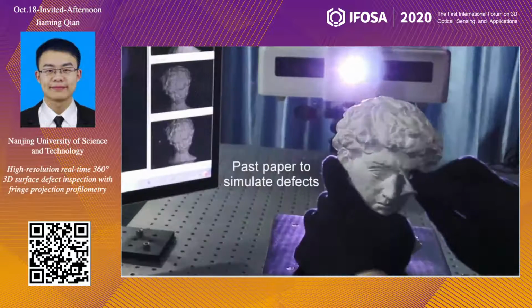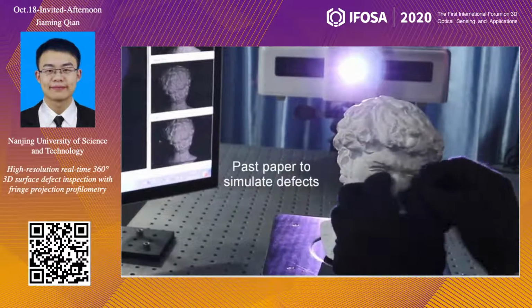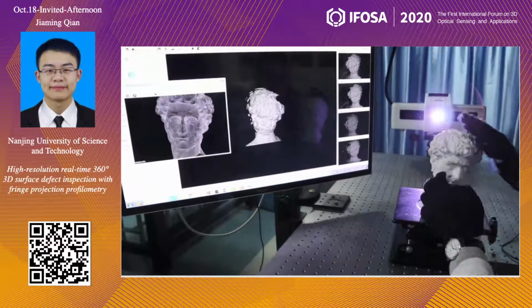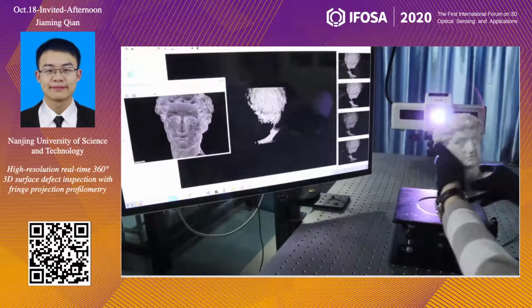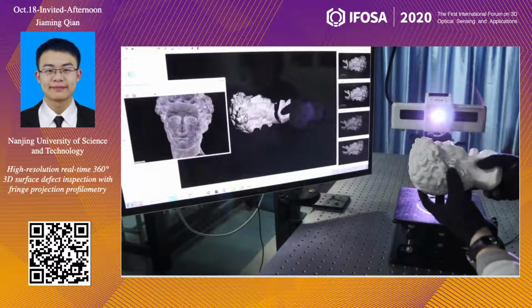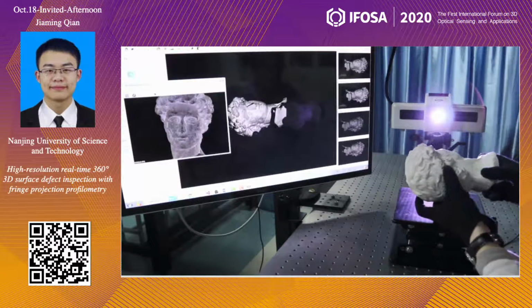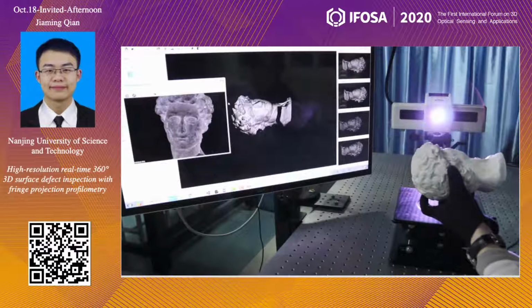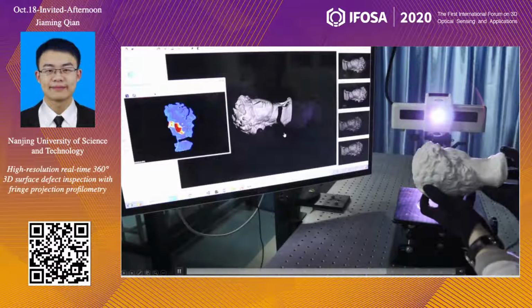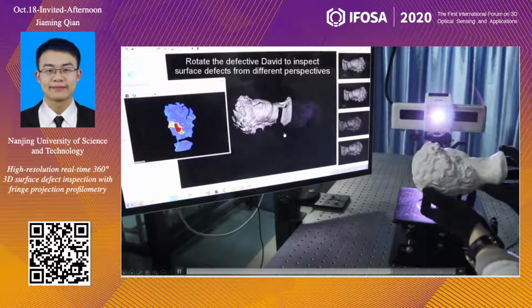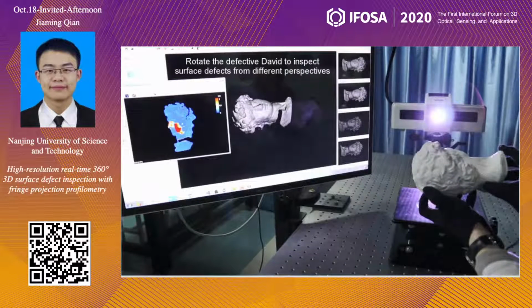Then we pasted some paper on David's nose to simulate defects. And we rotate the defective David in front of the system, and our software can quickly detect the 3D defects of the defective David.